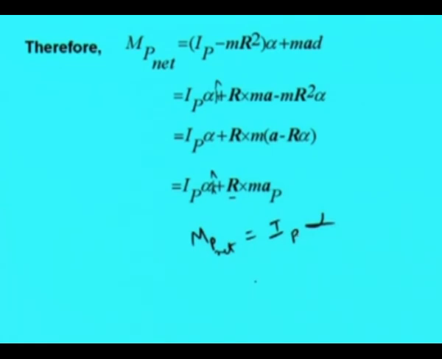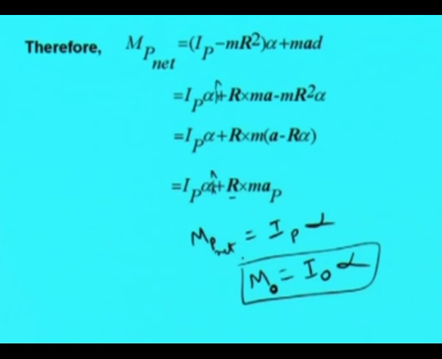Thus we say that this equation, in general form with O as any point, we write Mo equal to Io times alpha. In that case, Mo is the moment about O, and Io is the mass moment of inertia about point O. So this equation is valid provided three conditions.